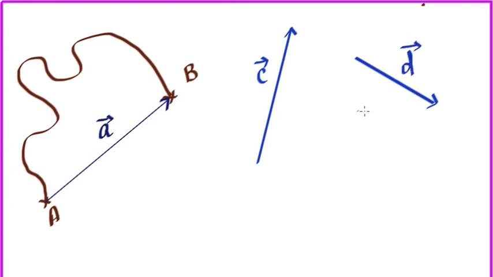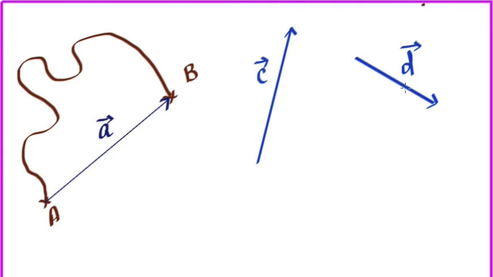Let's say we have two vectors. I'll call this vector C. Remember, I need to put a small arrow on top. And I have another vector, let's say vector D. And we are asked to find the angle between the two vectors. Very simple.